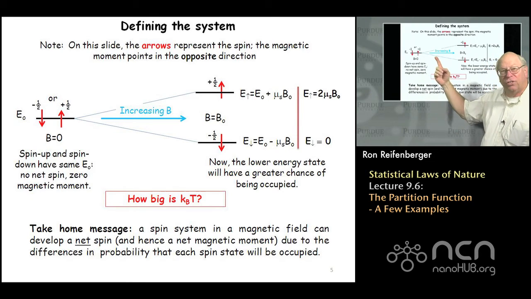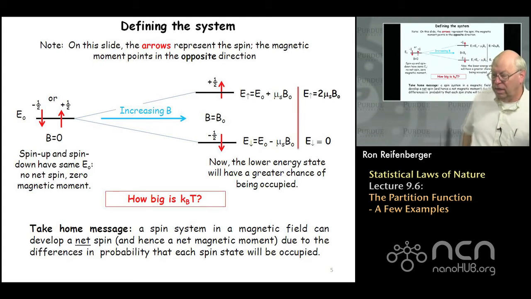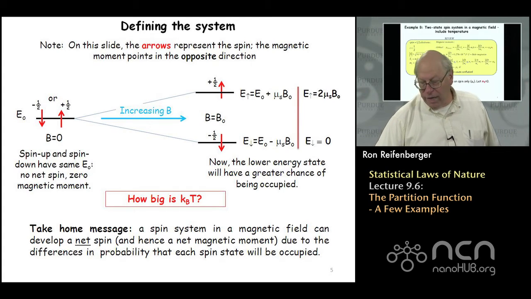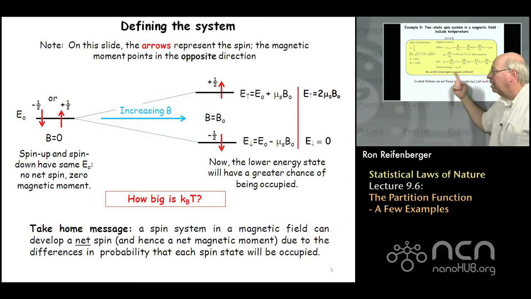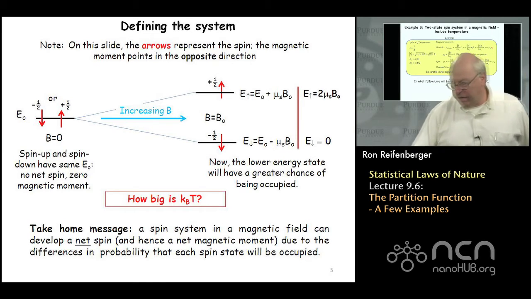Now, what happens as the magnetic field increases is that the potential energy of the spin down electron decreases. The potential energy of the spin up electron increases. And that change in potential energy is just related to the formula here, which expresses the potential energy of a magnetic moment in an external magnetic field.